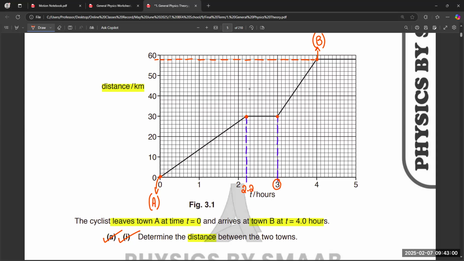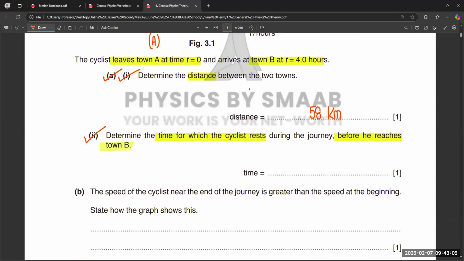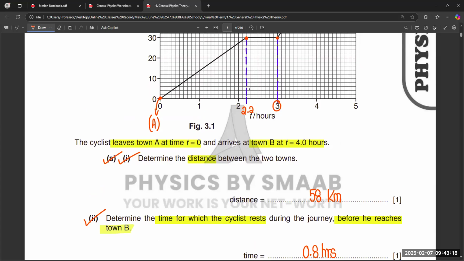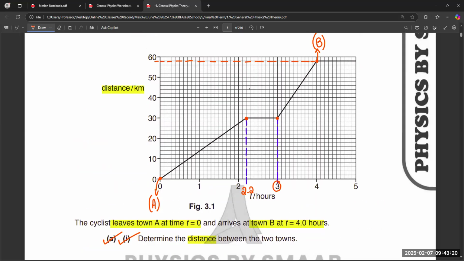So there is a difference of 0.8 hours. So 0.8 hours is the time duration during which the body is at rest before reaching town B.